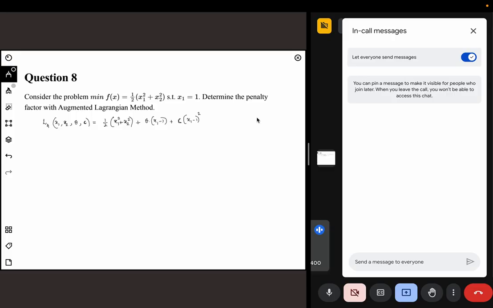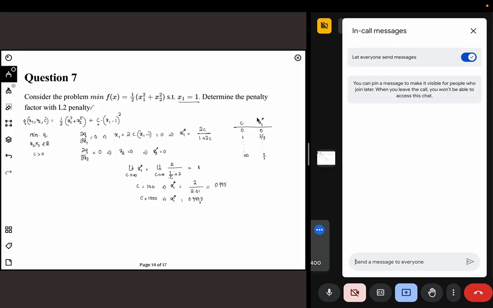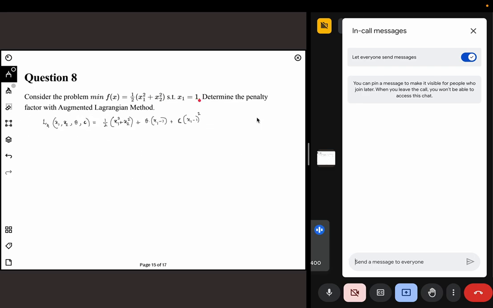Here again, these are all analytical functions, so I'm not iterating every time. I can directly get the value of the optimal in terms of c, so I'm not writing c1, c2, c3. But in real problems where you have some complicated functions, you cannot always solve this directly. Now it is pretty simple.